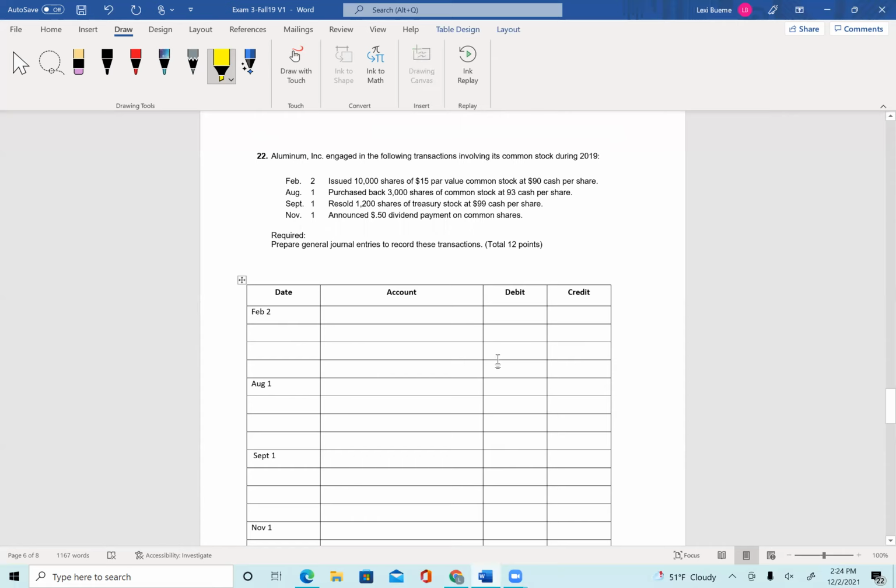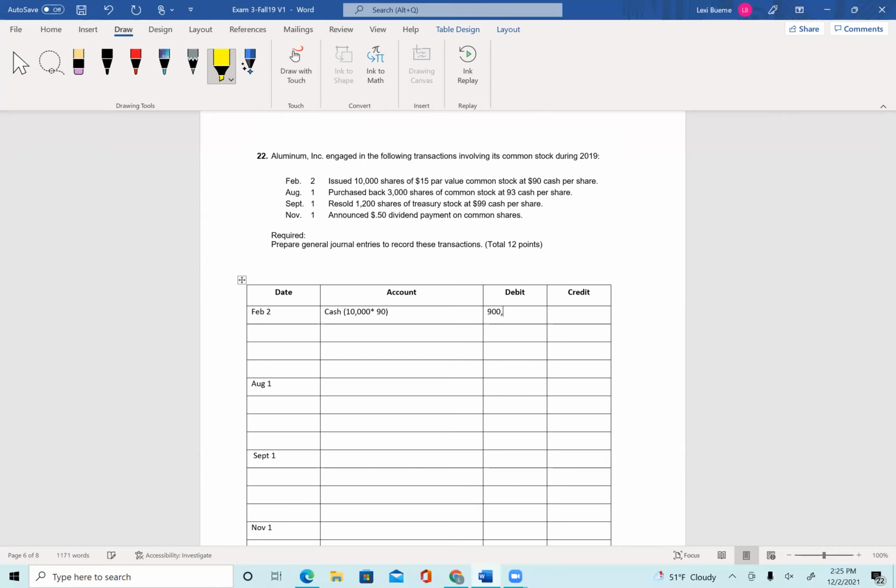Now we're doing journal entries. So Aluminum Inc. engaged in the following transactions during its common stock for 2019. February 2nd, they issued 10,000 shares of 15 par value common stock at 90 cash per share. So we start with our cash is going to be debited because you're getting rid of your stock receiving money, which you take the 10,000 times the amount of cash, so 90.